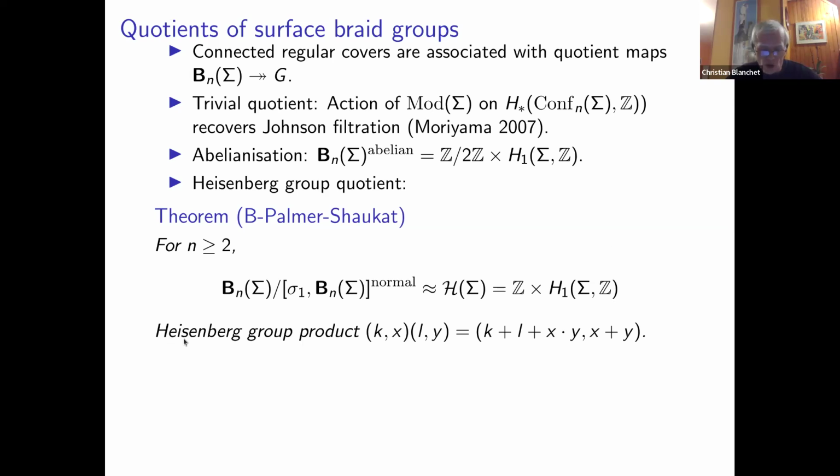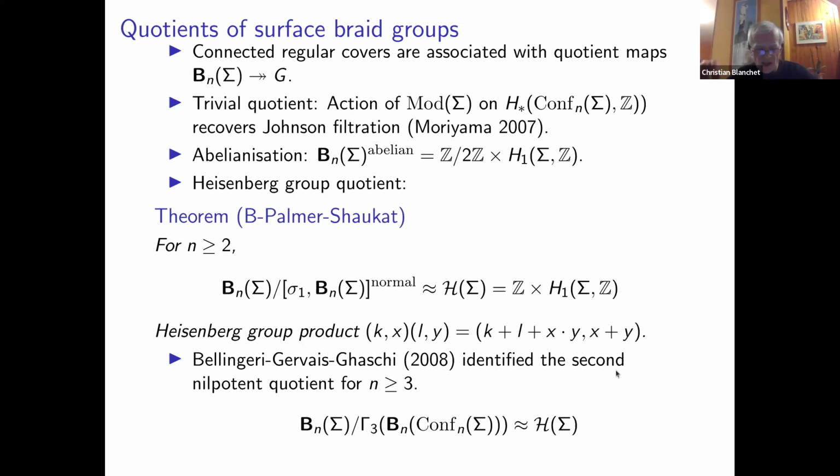So you get as a quotient this Heisenberg group, which is Z times H1 as a set, but with group law (k, x) times (l, y) equals (k plus l plus x dot y, the homology intersection, and x plus y).